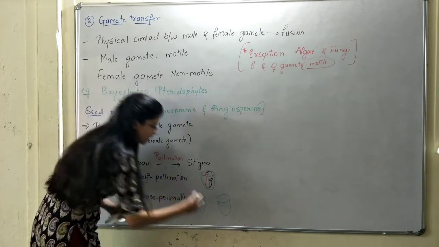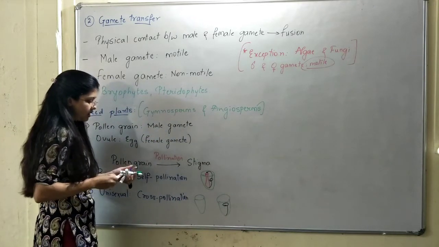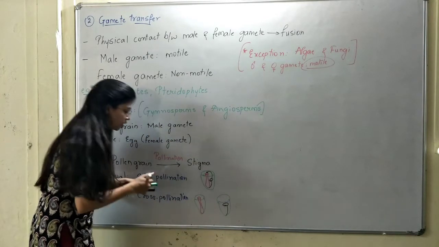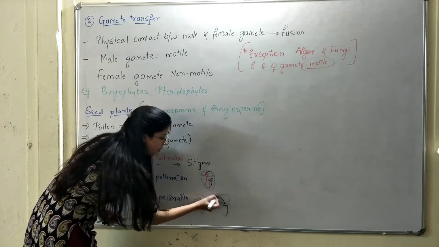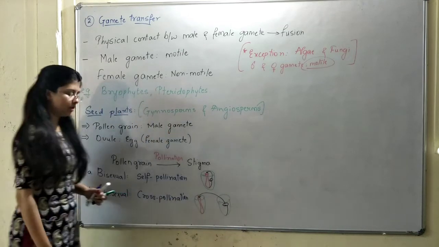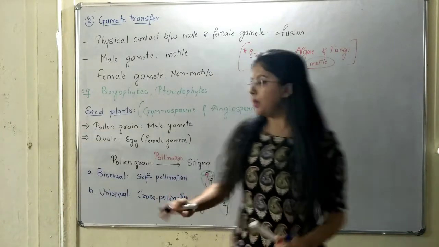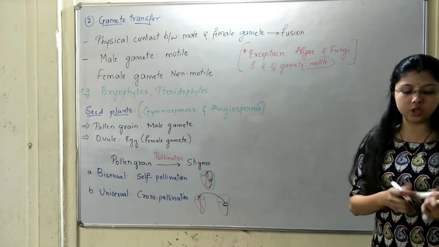So this is a male flower with the male reproductive parts and this is a female flower. The pollen will have to land from this flower on the other flower. So that process is called what? Cross-pollination.